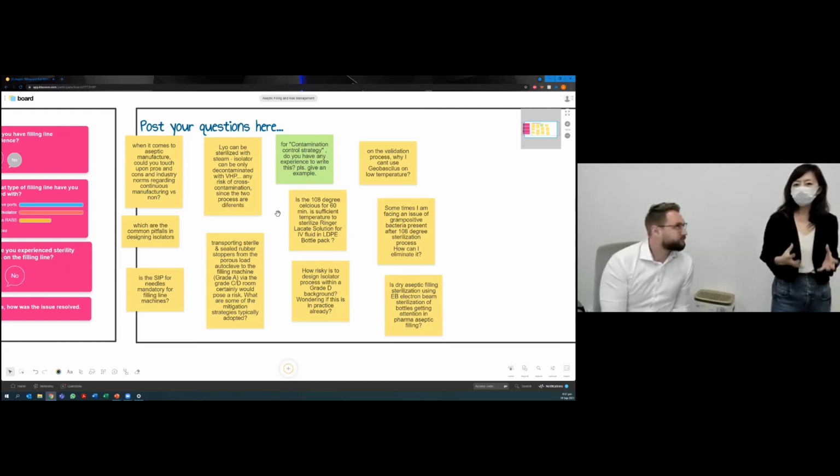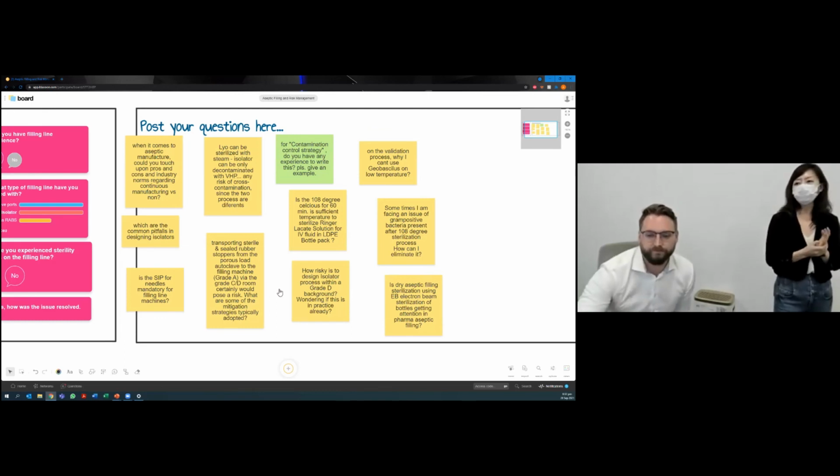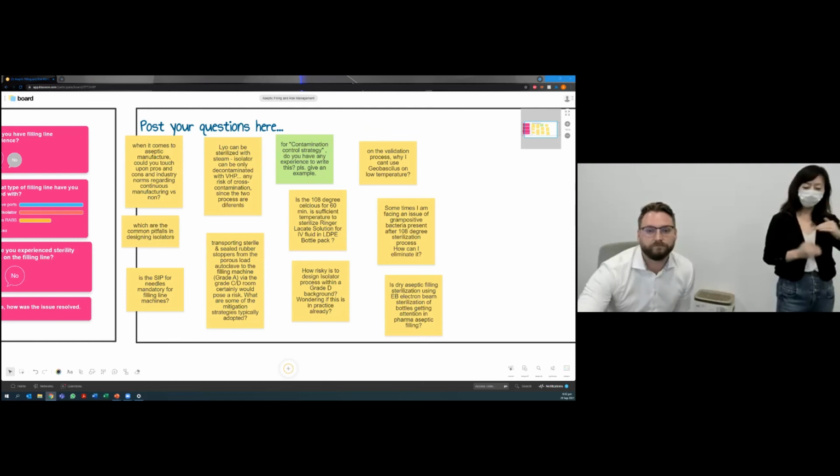So it gives you very good input to update your contamination control strategy. So again it will be a long discussion. It's just on a high level. Yeah, and I know different companies are doing it differently. If you look at the new Annex 1, it gives you a list of things you need to touch on. And it's a very good starting point for you if you're thinking of implementing one.